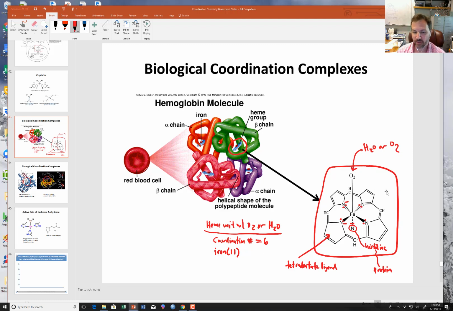So hopefully now you can appreciate how this iron 2 cation can act as a carrier for oxygen, so it can interact with the oxygen in a coordinate covalent type of interaction, and that's how it's of course delivered throughout the body. And of course, you remember from our equilibrium chapter and from our acid-base chapter that the water and oxygen will replace one another based on the concentration of O2.